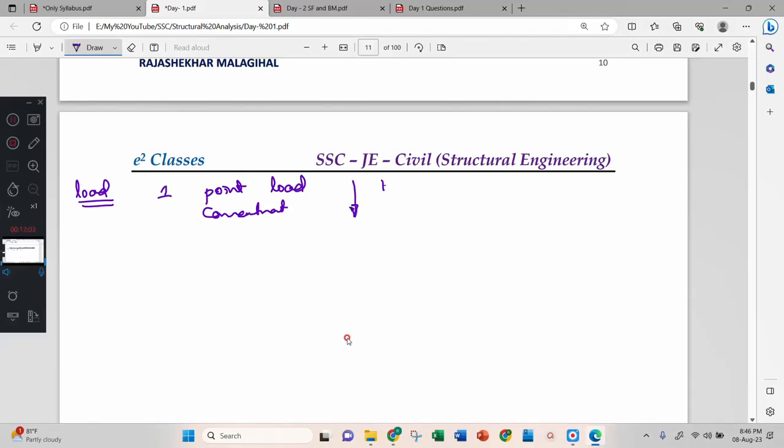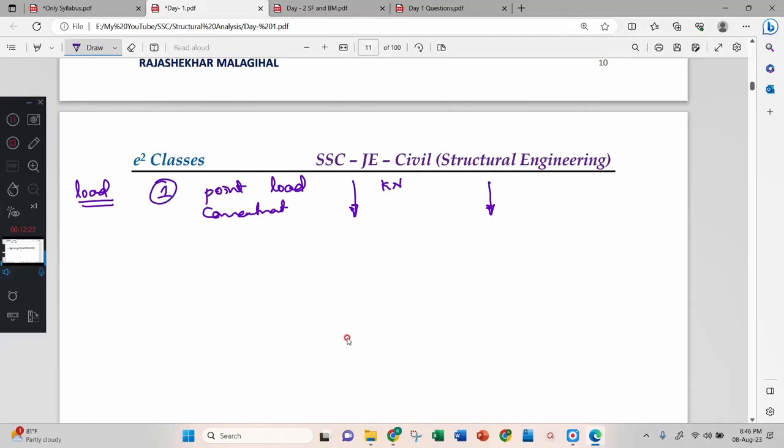The unit is kilonewton and the direction of the arrow indicates the direction of the force, and usually the length of the arrow indicates the magnitude, but nowadays we are not using any graphical methods, therefore the length of the arrow is not considered. This is your point load.